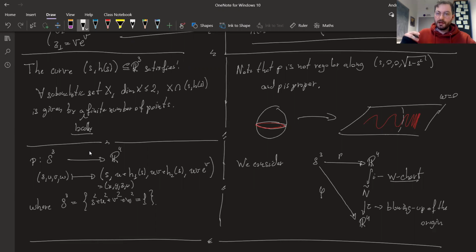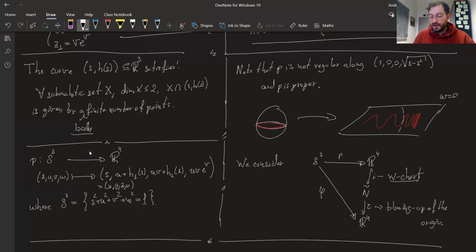And if you say, okay, so maybe I can blow up something of dimension 2 or something else, then the property that any subanalytic set X will only have a finite number of points here means that for whatever sequence of blowings up, or more generally for every proper bimeromorphic mapping, the exceptional locus is going to be at most of codimension 2. So its image is critical locus.